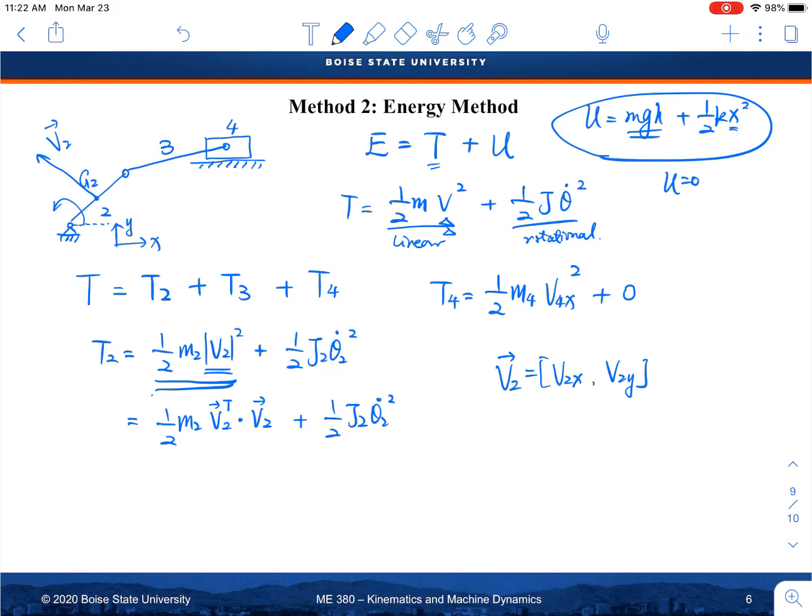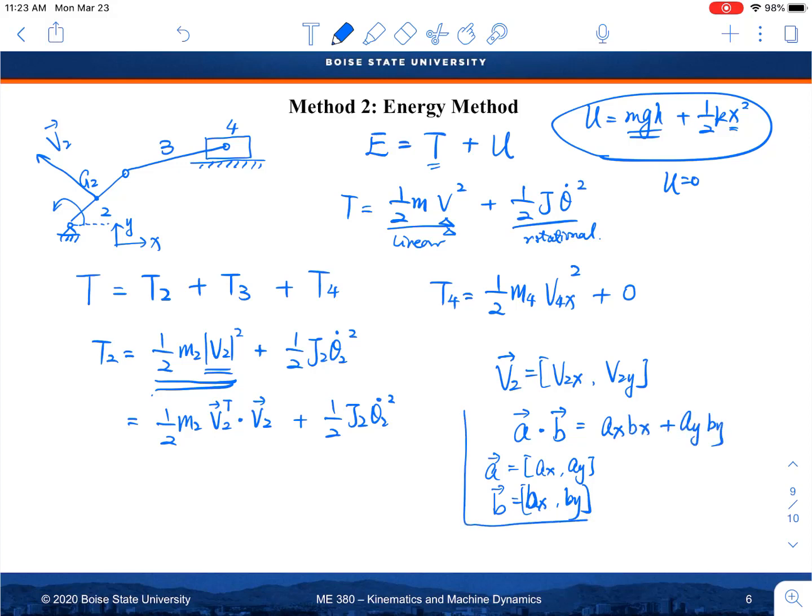When you do a dot product, let's say you have A dot product B. By definition, if your A vector is ax, ay and your B vector is bx, by, then A dot product B becomes a scalar, which is ax bx plus ay by. That's the definition of the dot product.